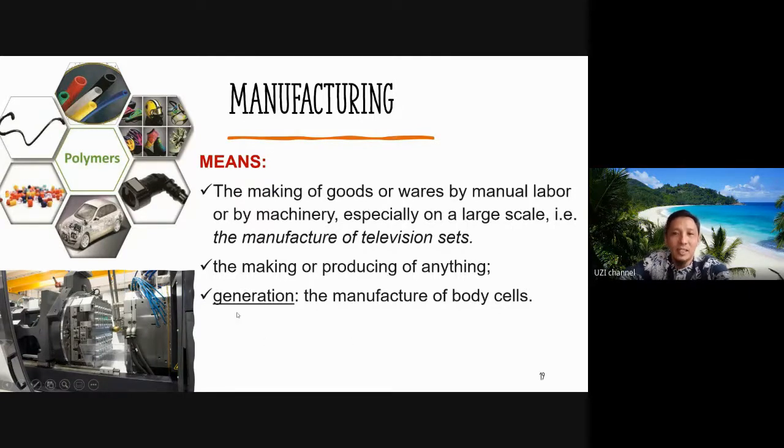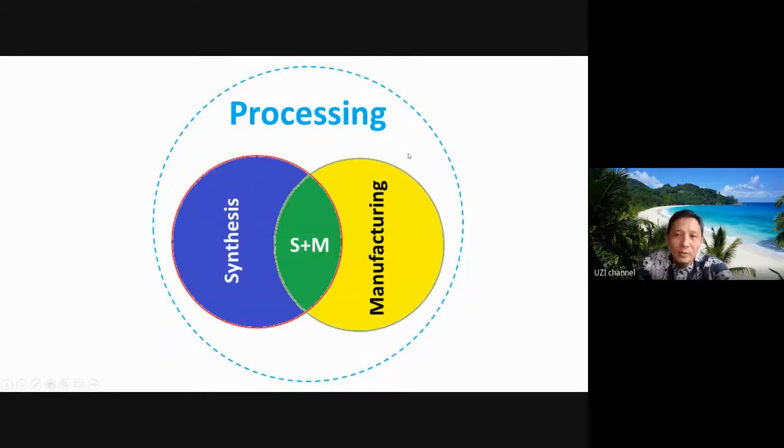By definition, it can be said as generation, if correlated to the biology term, as the manufacture of the body cell. And we know if we draw the schematic diagram, the processing is in the outer line like this, and within the processing we have synthesis and manufacturing.